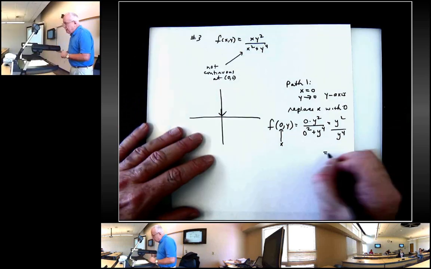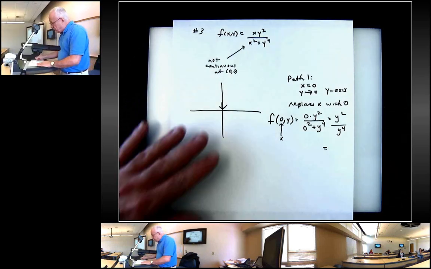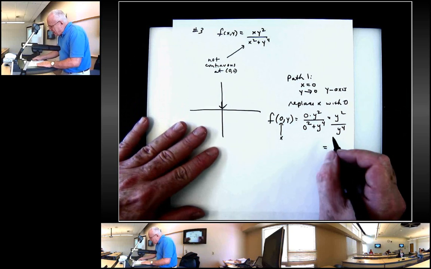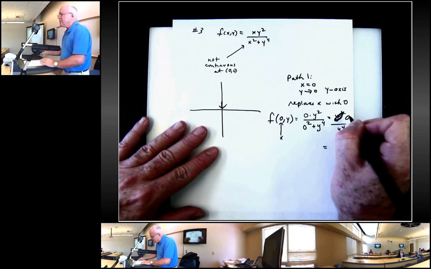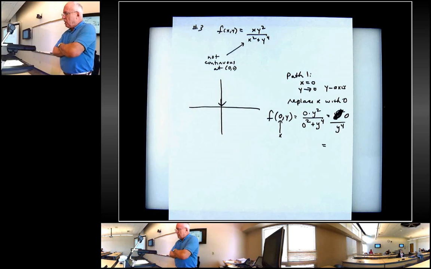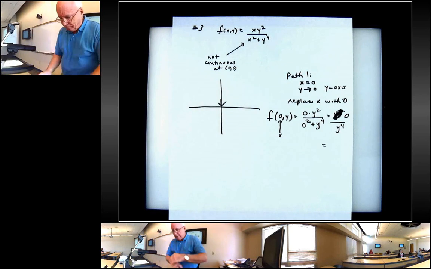And what do we get here then? This simplifies to what? Oh, yes, thank you. I don't know why I did that. Yeah, 0 times anything is 0. Right. Okay. And so we have 0 on top, y to the 4th on the bottom.